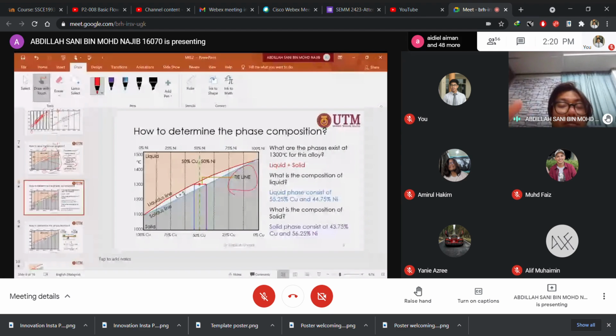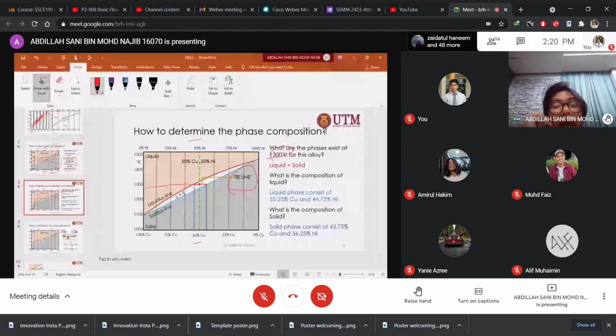At this temperature, we take 1300 degrees Celsius. From this phase diagram, we know at this temperature the phase will be liquid plus solid. This is the use of the phase diagram. First, we know the phase.